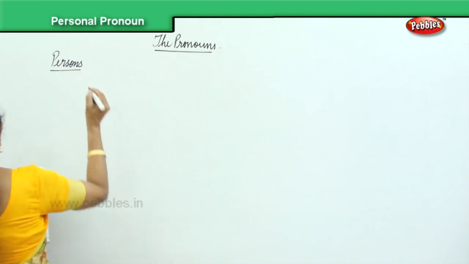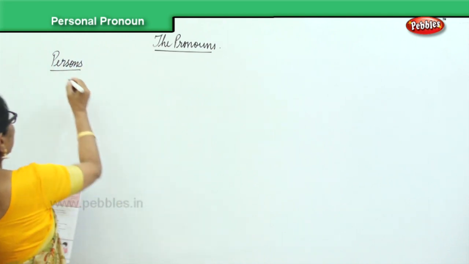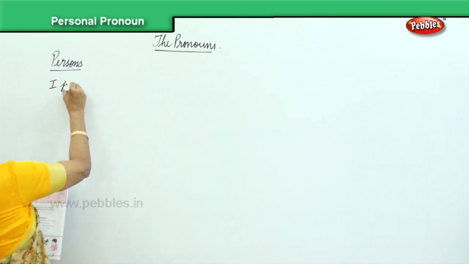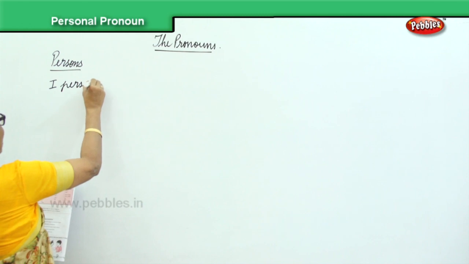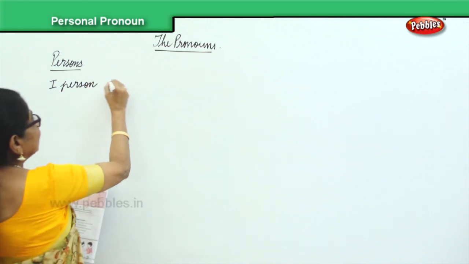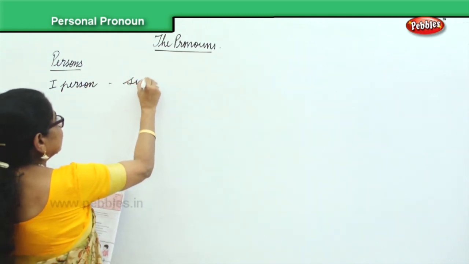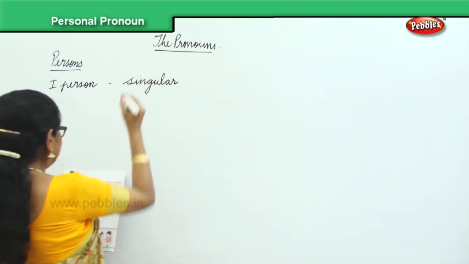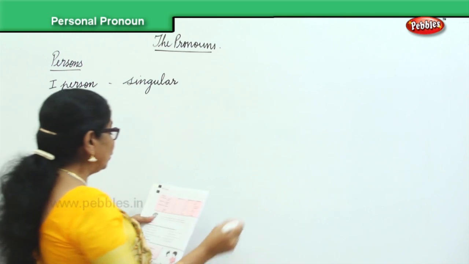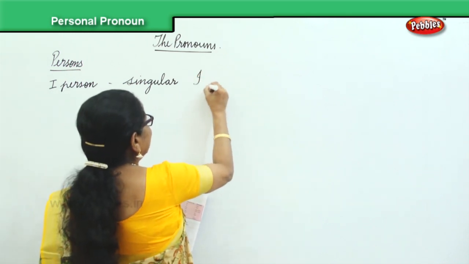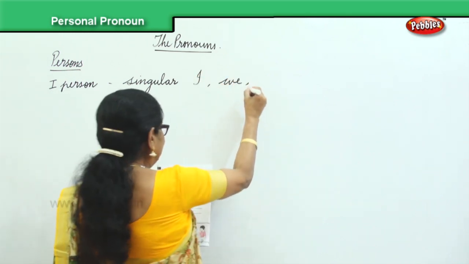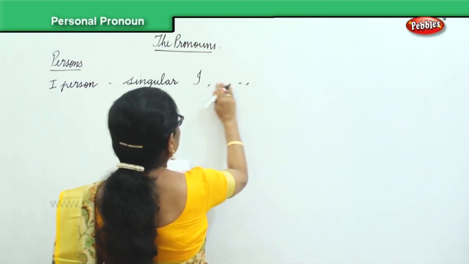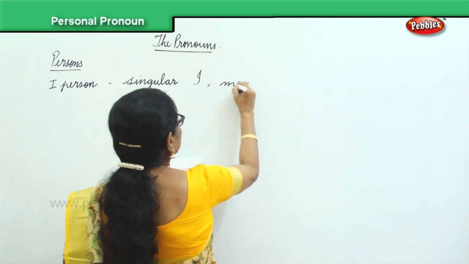We're talking about personal pronoun. For now, we're going to talk about the first person. When you say first person singular, you will say I, me, mine.